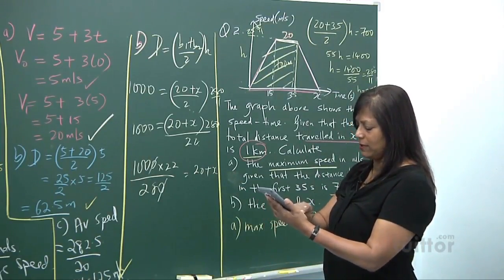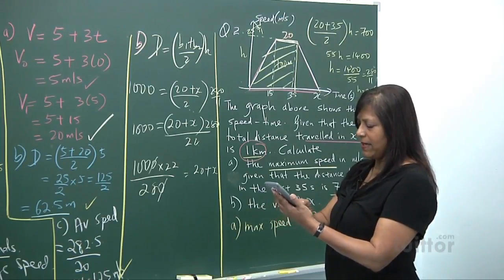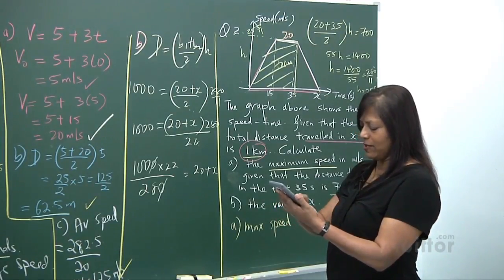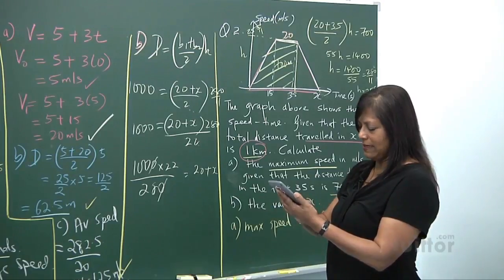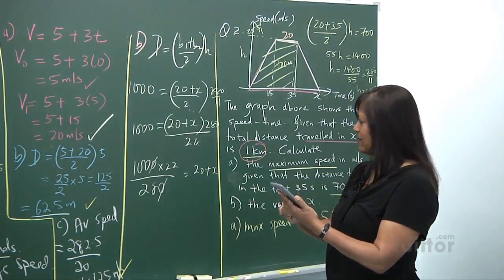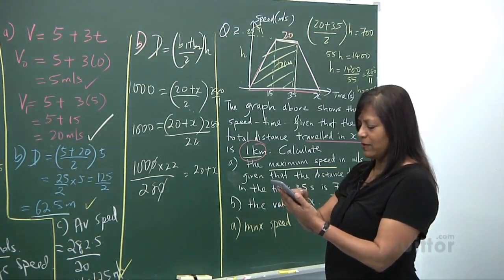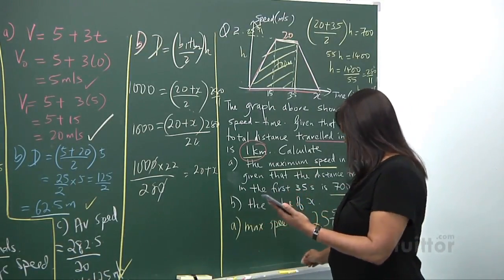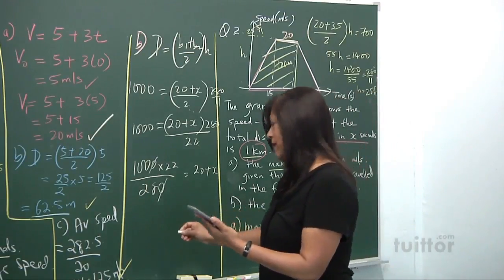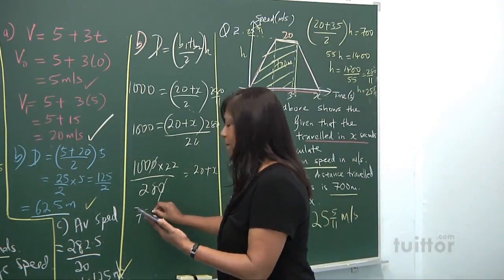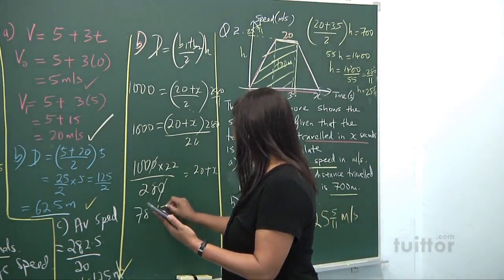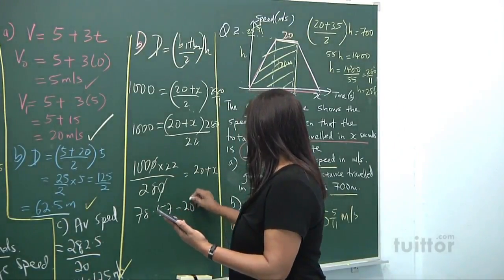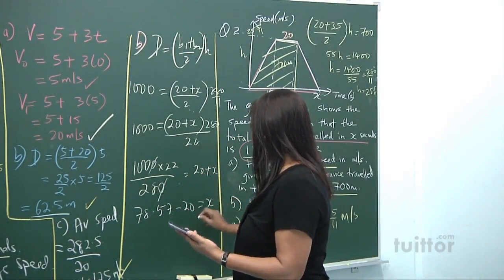1,000 times 22. Okay? As I said to you, only use the calculator when you need it, and it's not necessary to go all the way. So if you look at it, that's 550 over 7. Aha! This whole thing is 78.57 minus your 20 is giving your x.